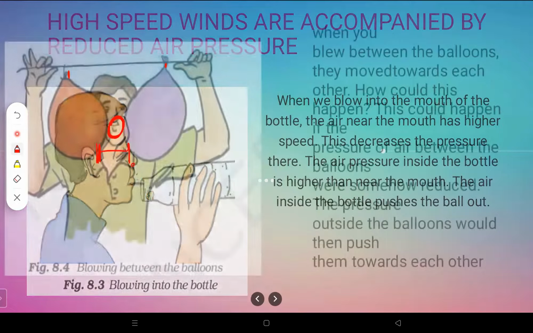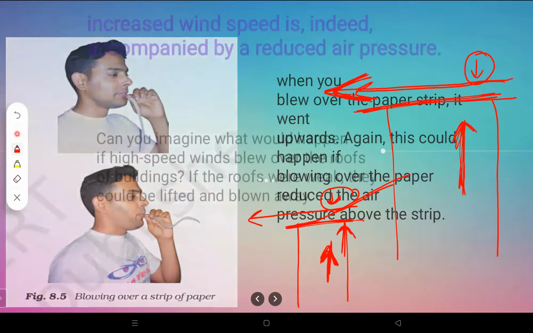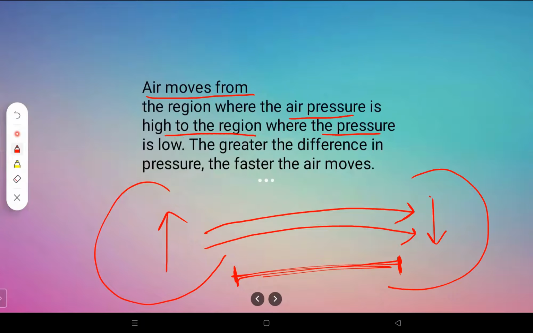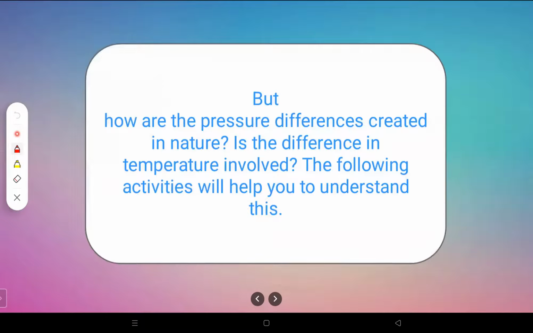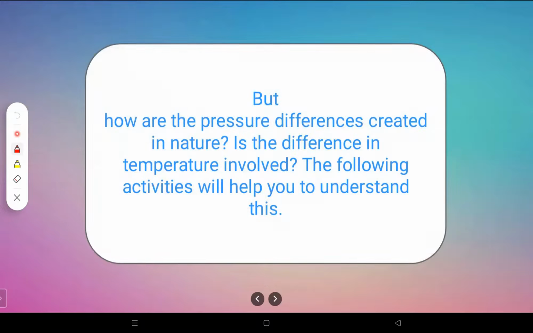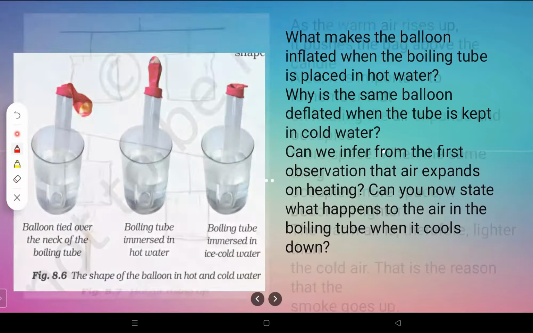Then we studied that warm air expands. And air moves from high pressure to low pressure. I can conclude these things for you.